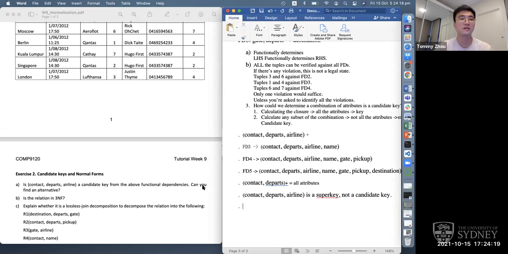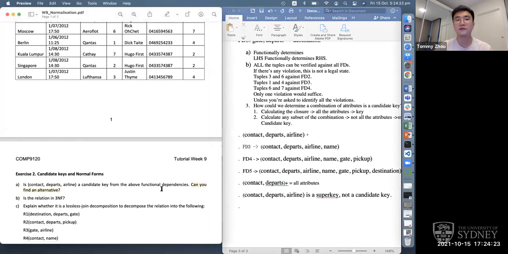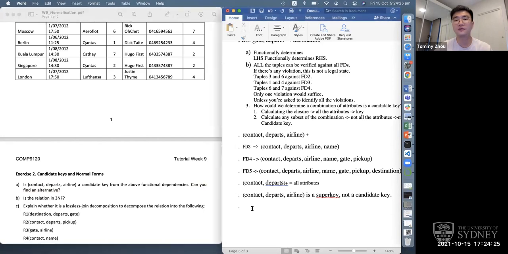Next question, can you find an alternative? The first way I go about doing this is that we've already got this combination, which can also be a super key, because we can get all those attributes.